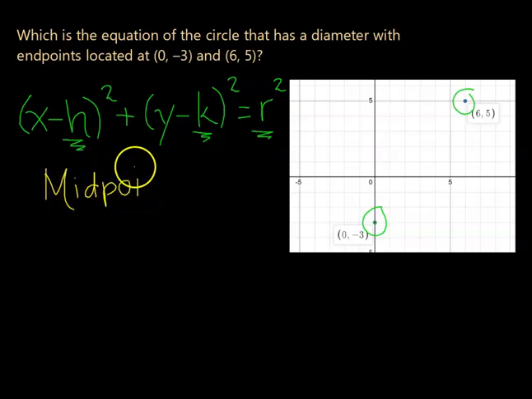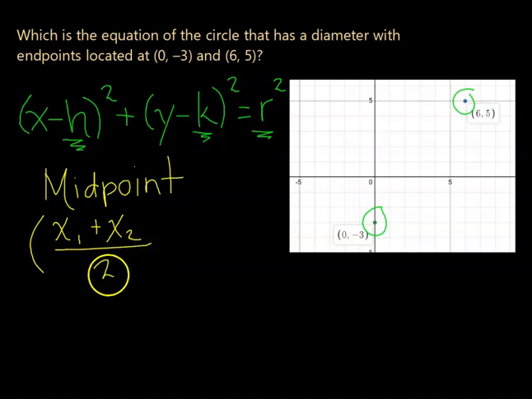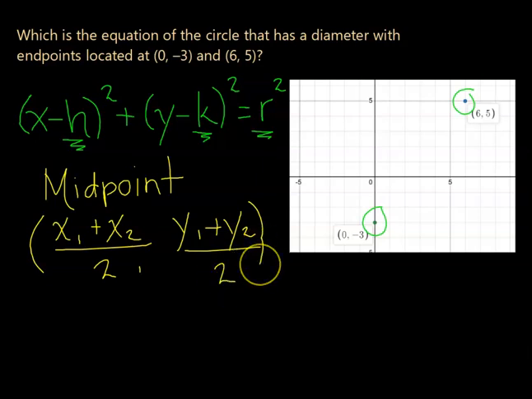to find the center h and k, which would be x sub 1 plus x sub 2 over 2, and y sub 1 plus y sub 2 over 2. Keep in mind, we're given x sub 1 and y sub 1, and x sub 2 and y sub 2.